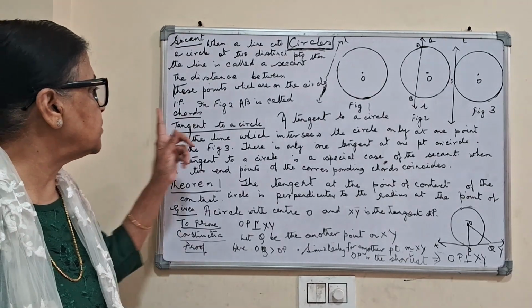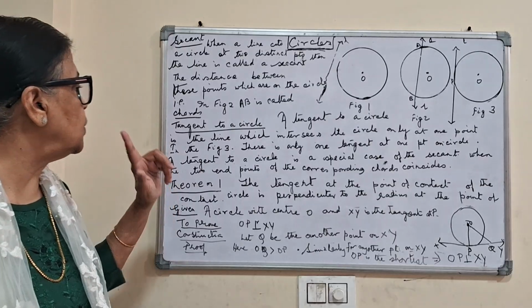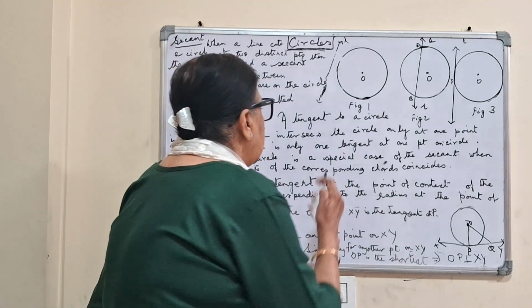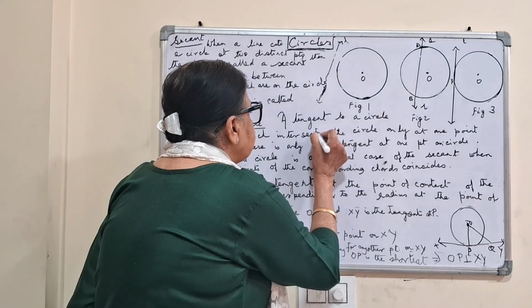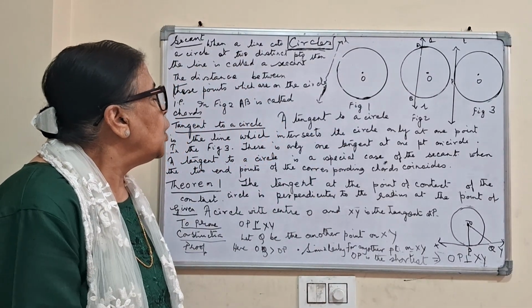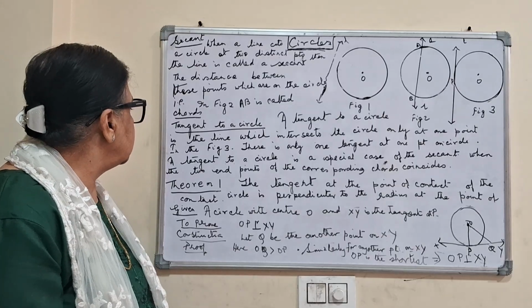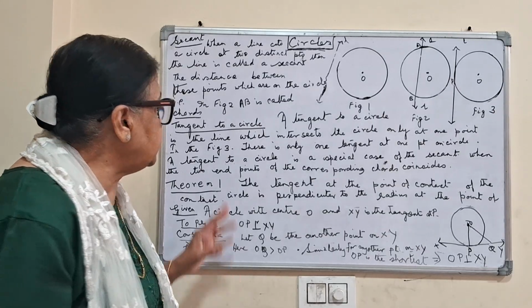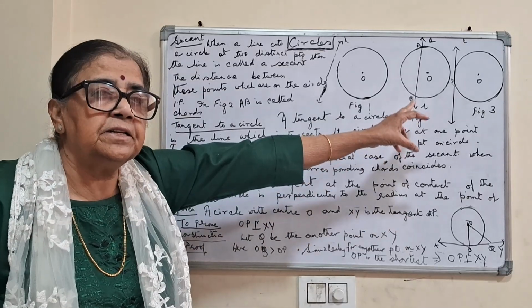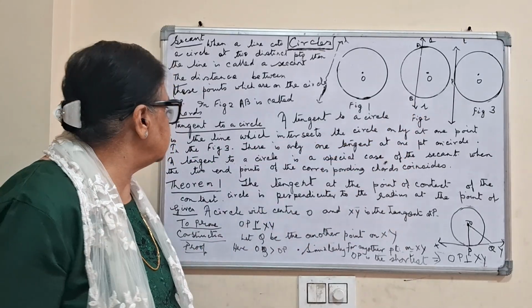A tangent to a circle is the line which intersects the circle at only one point. In the figure, the third figure is the tangent.